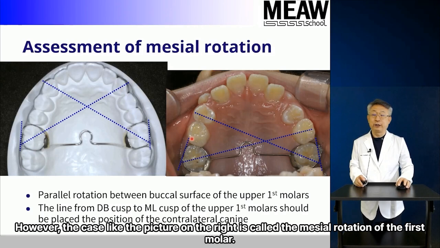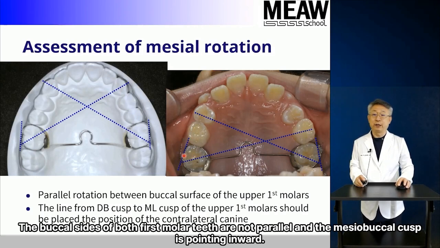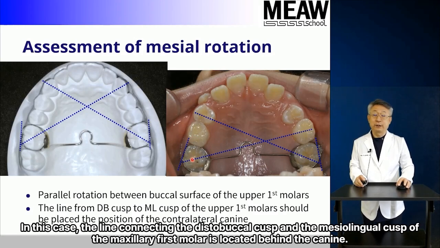However, the case like the picture on the right is called mesial rotation of the first molar. The buccal sides of both first molars are not parallel, and the mesiobuccal cusp is pointing inward. In this case, the line connecting the distobuccal cusp and the mesiolingual cusp of the maxillary first molar is located behind the canine.